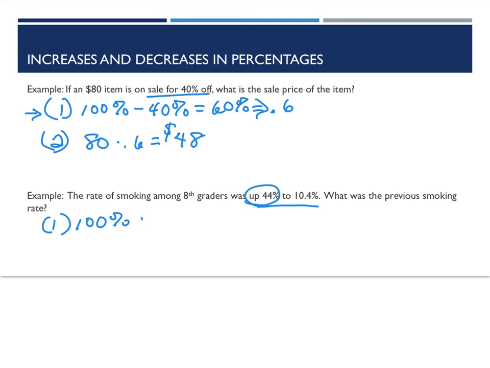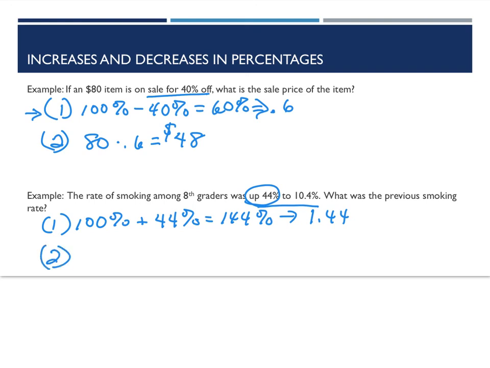That's my step 1 number. Up means plus. So that's 144%, which as a decimal is 1.44. If it had said it was down 44%, I would have done 100 minus 44%, then changed it to a decimal.